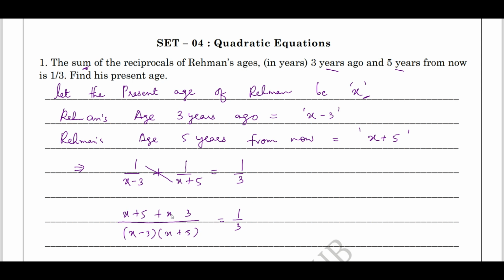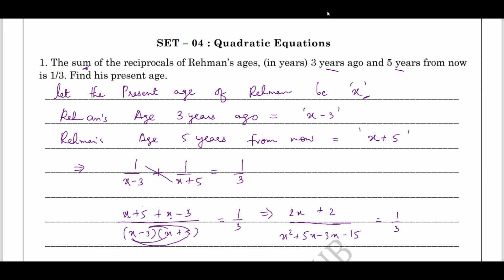Now what I get is x plus x is 2x, plus 5 minus 3 is 2, whole divided by, that is binomial multiplication, x into x, x square, x into 5, 5x, x square plus 5x. In the same way, minus 3 into x is minus 3x, plus into minus, minus 3 5s are 15, equals 1 by 3.